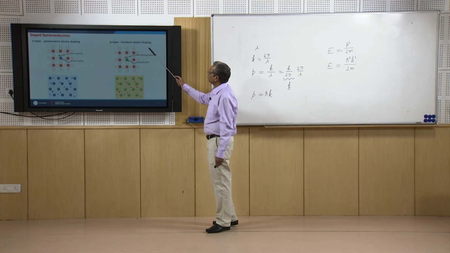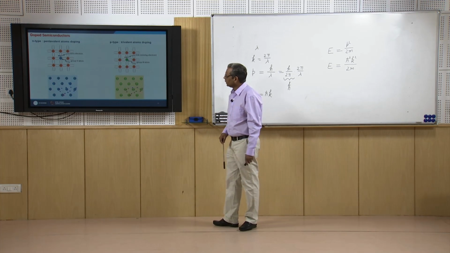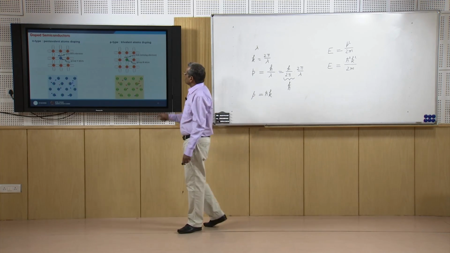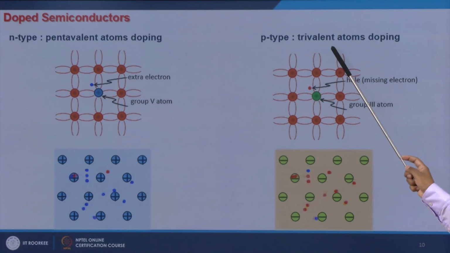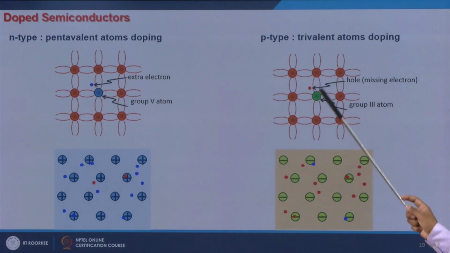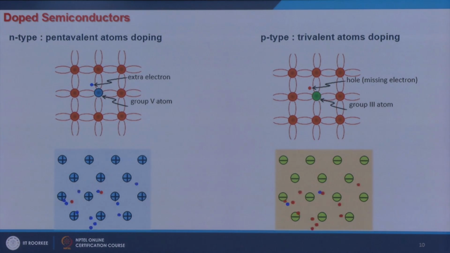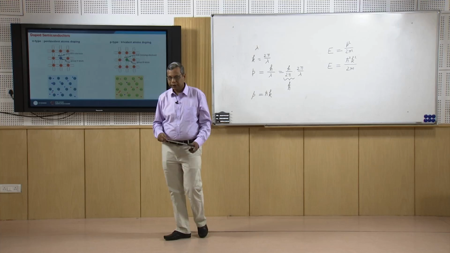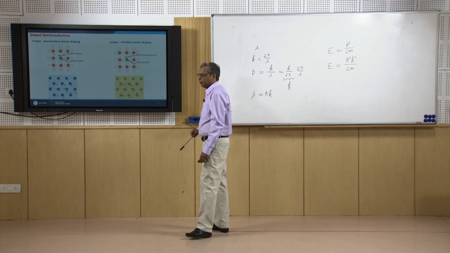If you dope it with trivalent atoms, then 3 valence electrons of these atoms make bonds with 3 electrons of the semiconductor and 1 vacancy is left. The 4th one does not get bonded, so a vacancy is left.